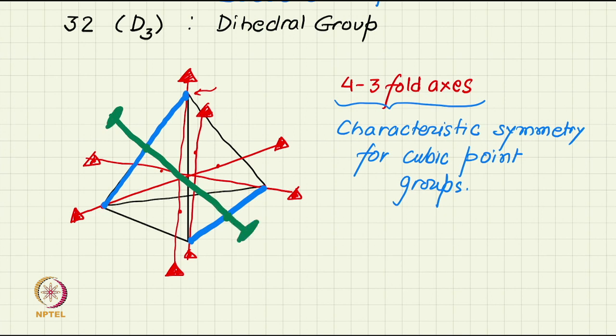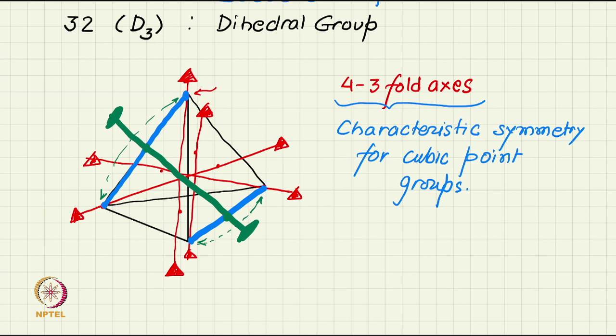Note that a 180-degree rotation about this axis will interchange these two vertices, and the tetrahedron will be mapped into itself. Again, if you look at it, a tetrahedron has 6 edges, and a pair of edges is giving you a twofold. So, it will give you actually 3 twofold axes.